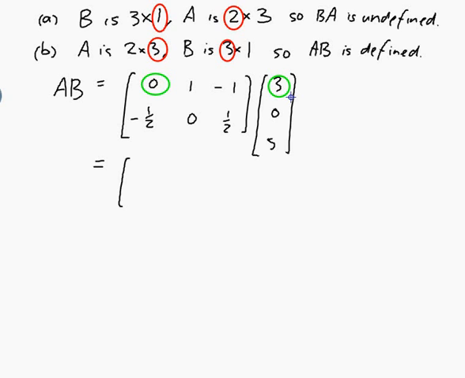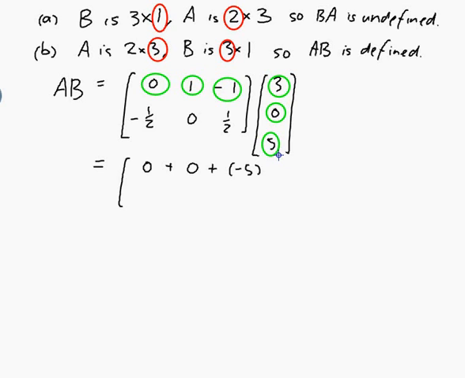So let's have a look. 0 times 3 would be 0. 1 times 0 would be 0. And minus 1 times 5 would be minus 5.